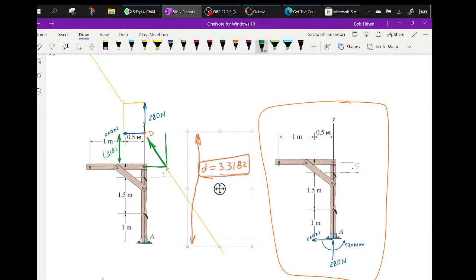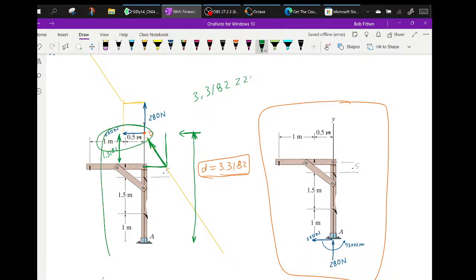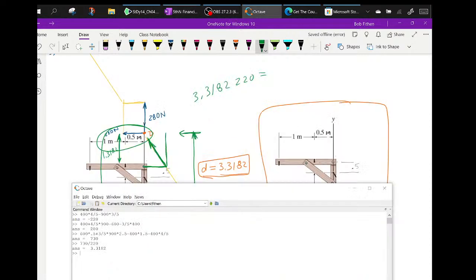It's the distance, although ugly drawn, from here to the point of application of the load back over there, in which you have the equivalent moment of 730, meaning that 3.3182 times that 220 should give you, let's double check this, there's your 3.31 times 220 should give you 730.